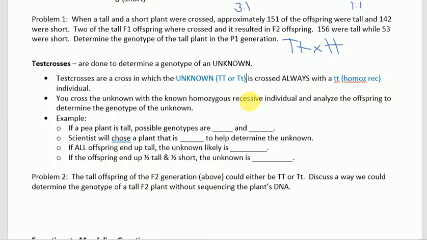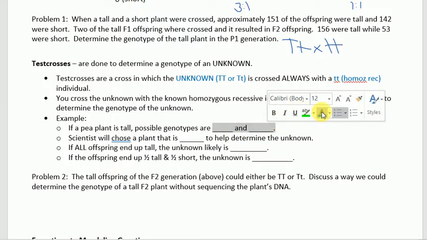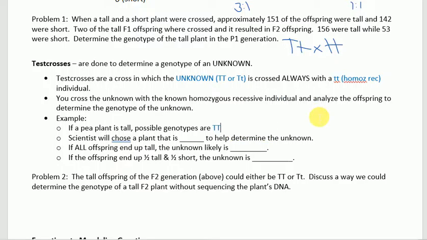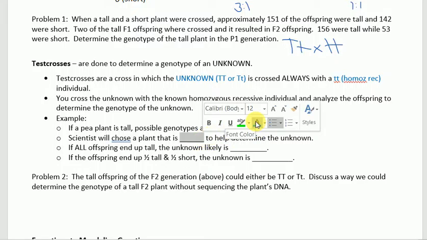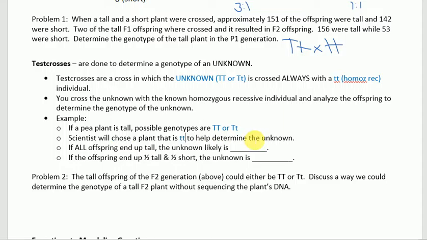So for example, if a pea plant is tall, our possible genotypes are going to be big T or big T, little t. So scientists are going to choose a plant that is little t, or homozygous recessive, to help determine that unknown.